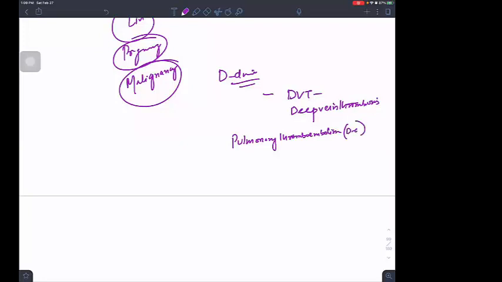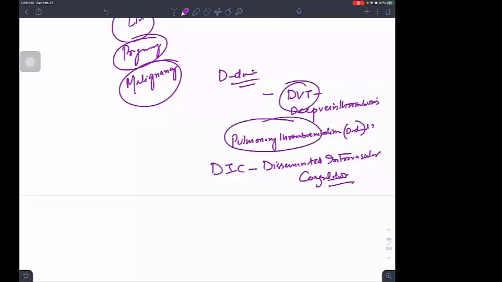Or if someone is having a DIC, disseminated intravascular coagulation, we use this D-dimer test. So remember 3 tests: DVT, PE, and DIC.